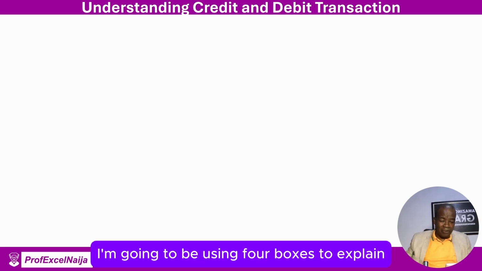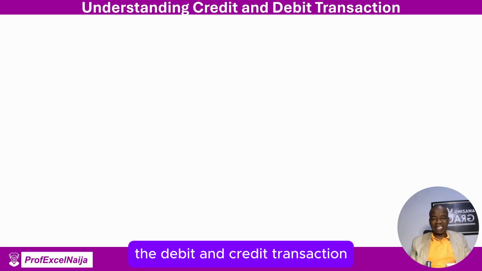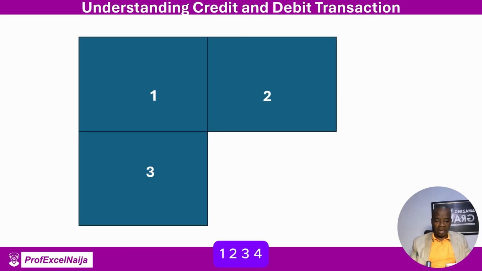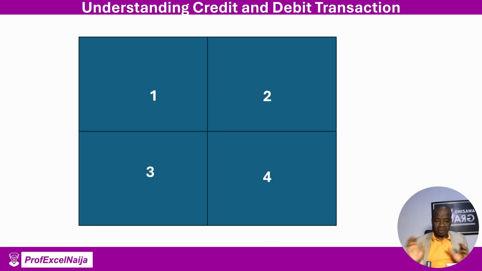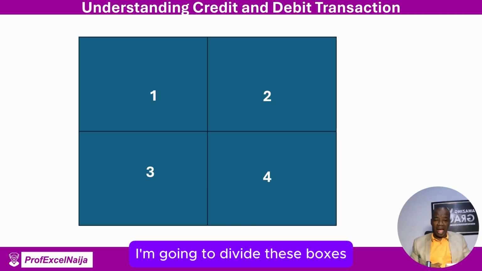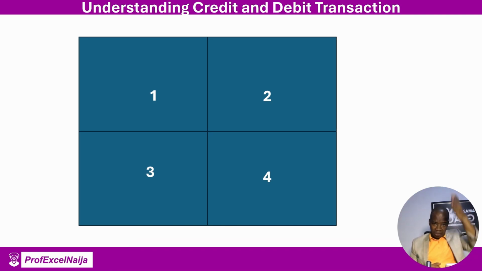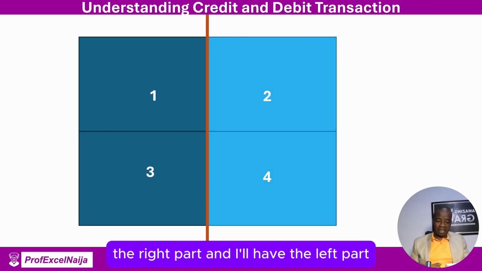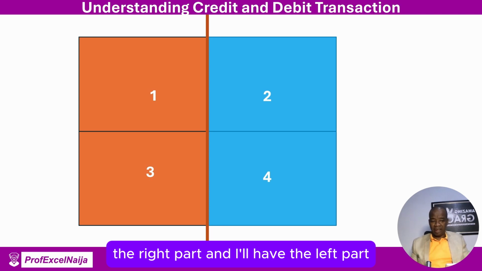I'm going to be using 4 boxes to explain the debit and credit transaction. 1, 2, 3, 4. Step 1, the first thing I'm going to do, I'm going to divide these boxes vertically. So I'll have the right part and I'll have the left part.